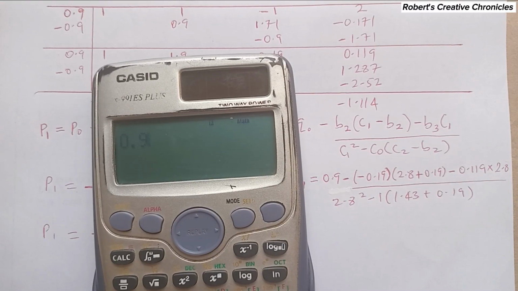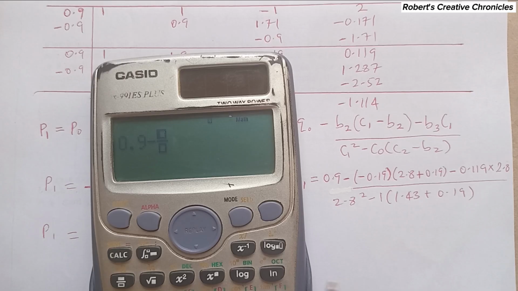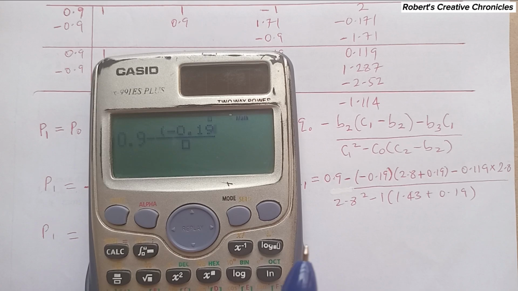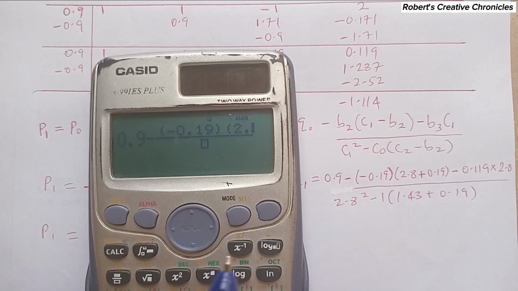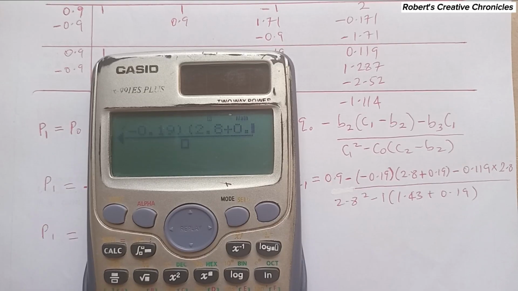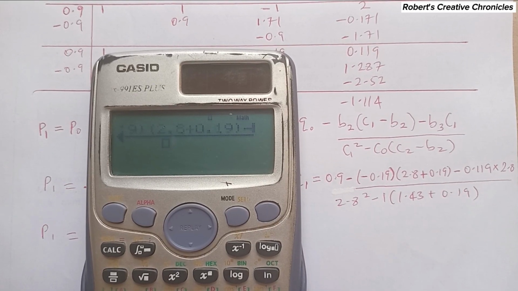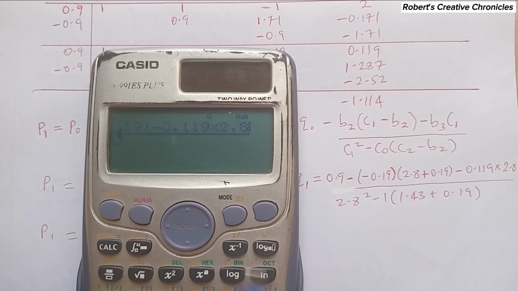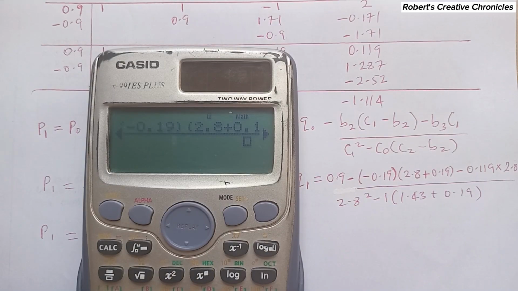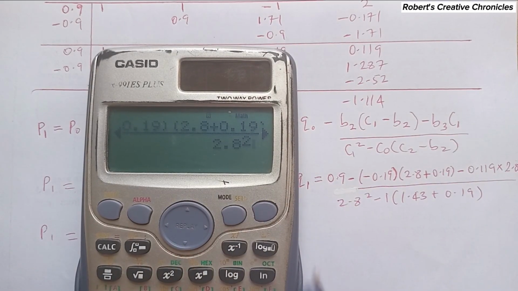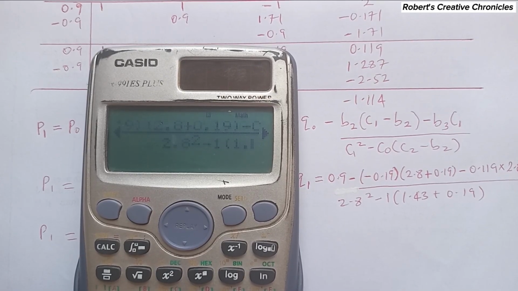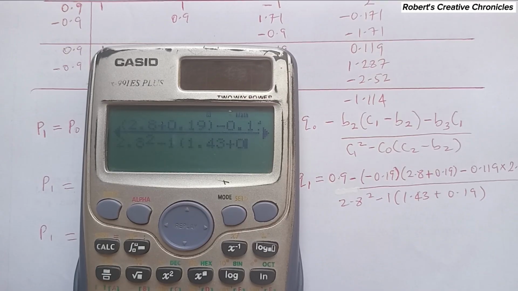0.9 minus negative 0.19, 2.8 plus 0.19 minus 0.119 times 2.8 over 2.8 square minus 1.43 plus 0.19.